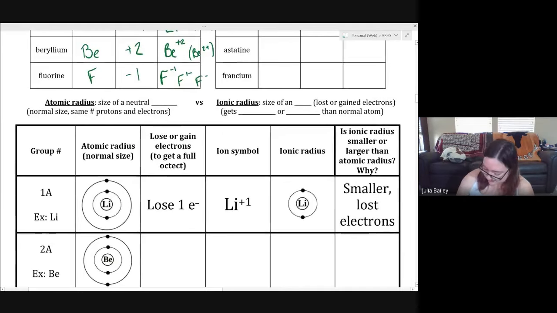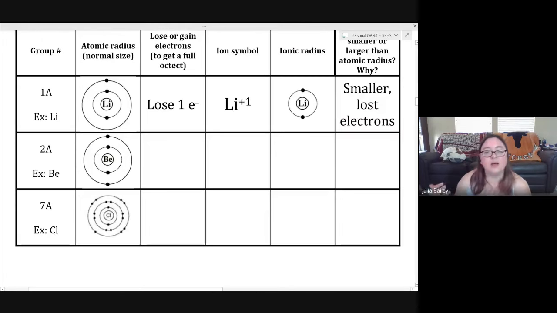For atomic radius, the size of a neutral atom is the atomic radius, versus an ionic radius, which is the size of an ion. So it has lost or gained electrons, and it will get smaller if it loses electrons or bigger if it gains electrons compared to a normal atom. So for instance, lithium will lose 1 electron to get a full octet.